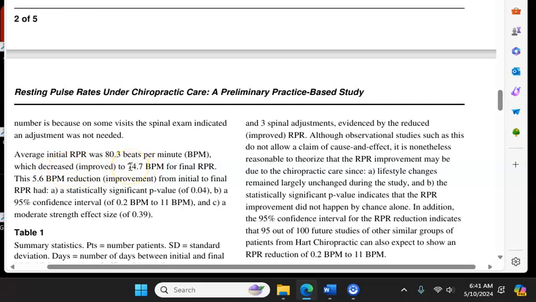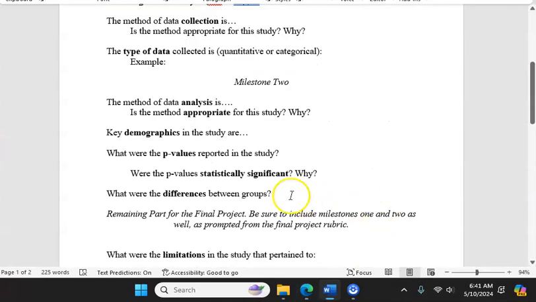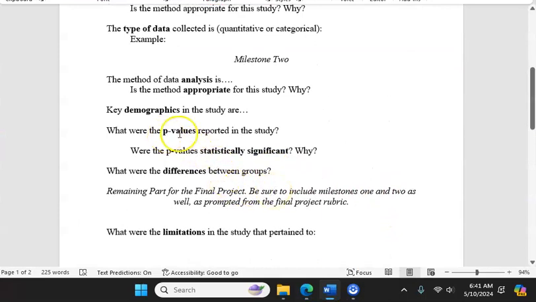A lower resting heart rate is better than a higher one in general. Lots of research supporting that. And this difference was statistically significant because the p-value is less than 0.05, which is the threshold. So we'll learn more about that as we go along in the course. So what were the p-values? 0.04, statistically significant? Yes, because it's less than 0.05.